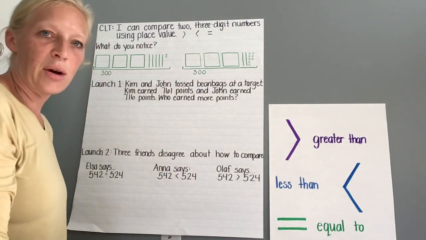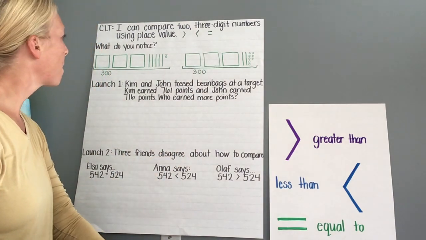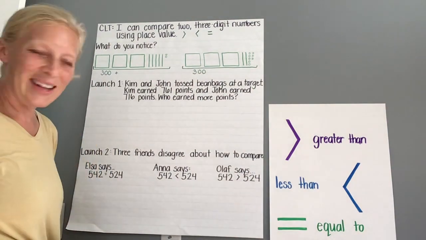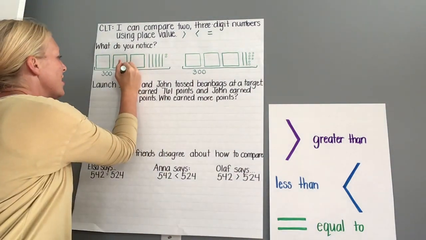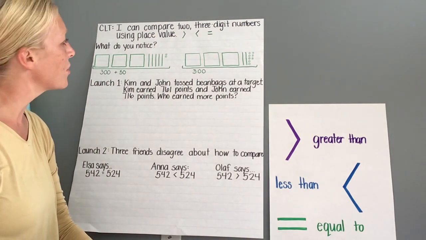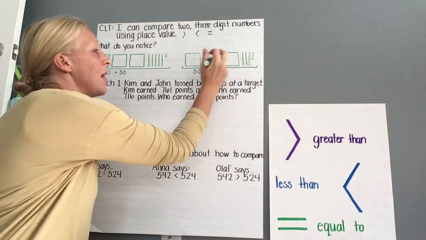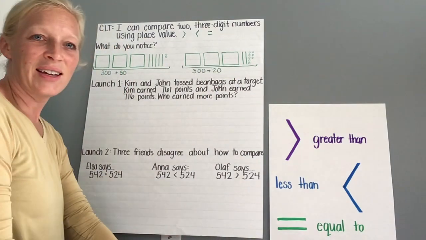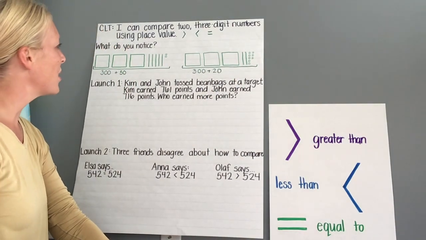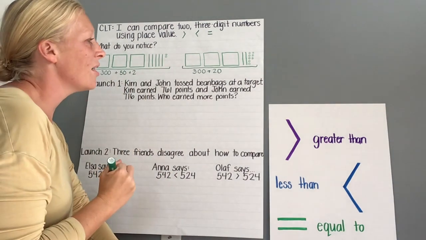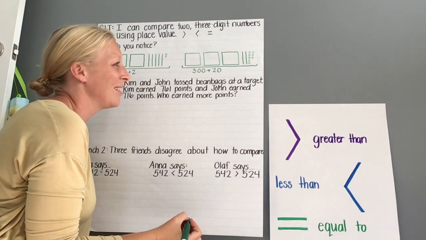What else do you notice? This one has 5 tens. It is worth 50, yes. What else do we notice about these 2 numbers? That one has 2 tens, or 20. And what else do we notice? 2 ones over here, and what else?